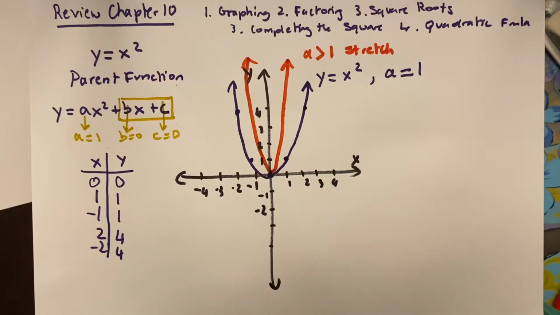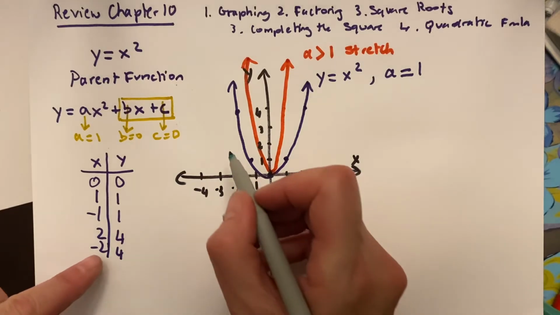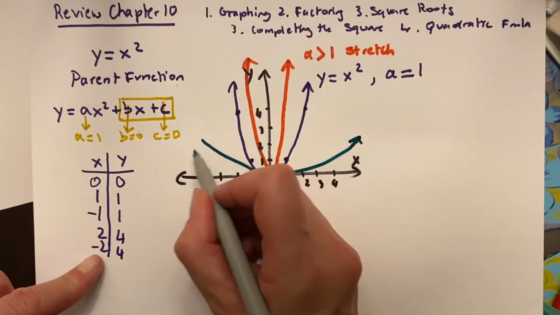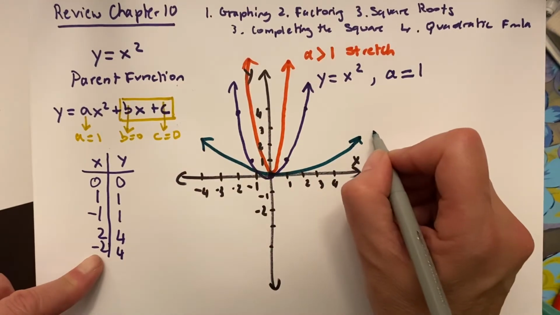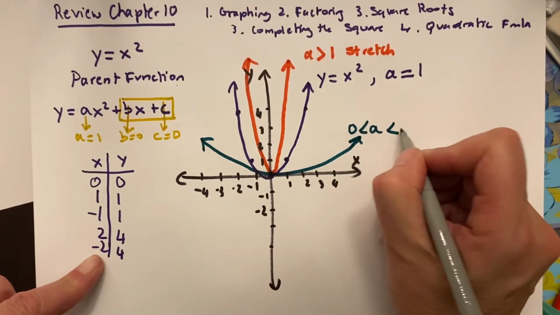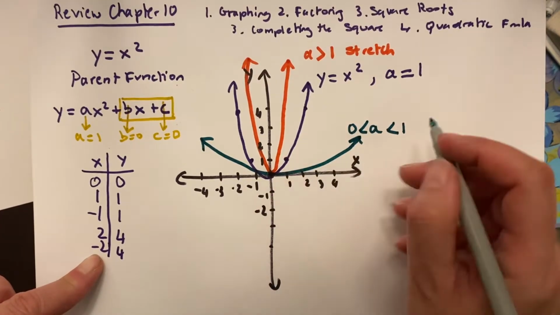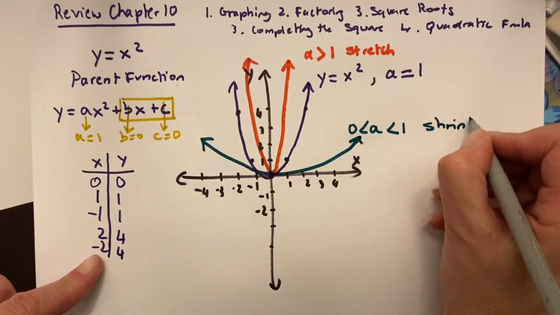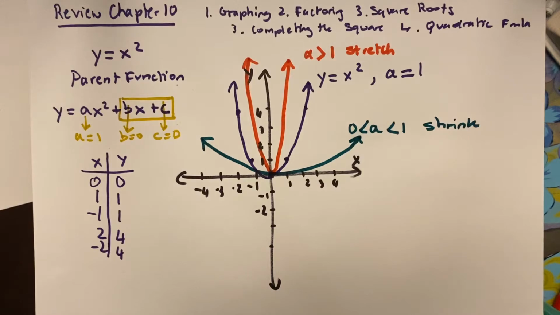At the same time, when you have a parabola that looks more like that, when a is still greater than 0, but less than 1, this is going to be called a shrink compared to the parent function.